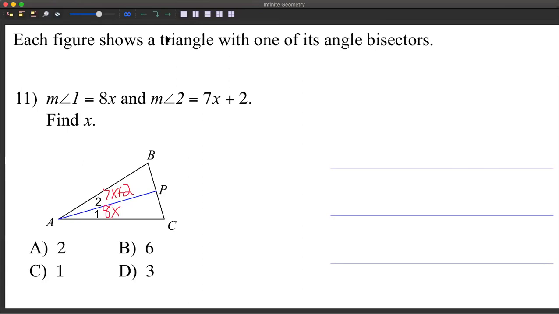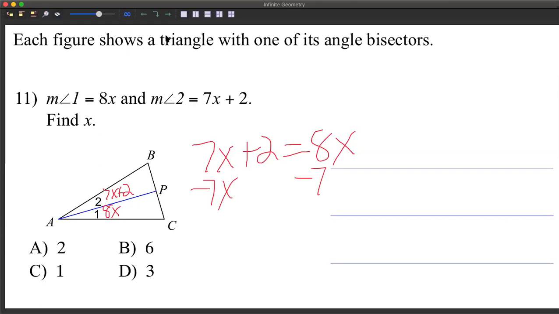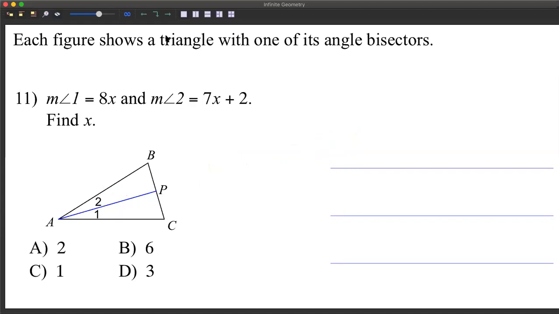So that's all I have to do here. I'm going to do 7x plus 2 equals 8x. And now I have my equation that makes sense. The two smaller angles are always just equal to each other. So now I just solve for x real quick, and I'm going to get 2 in this case. And that's a choice, so that's pretty good.